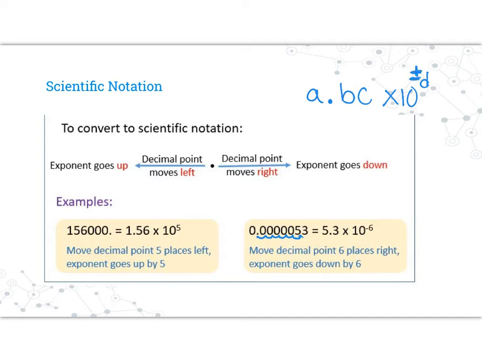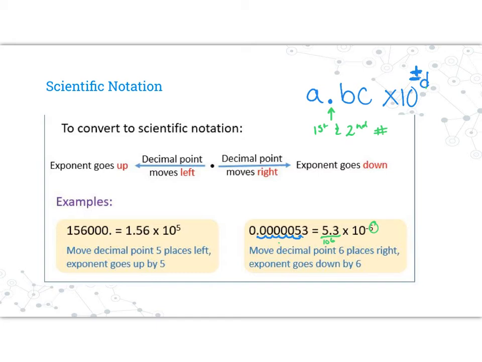And what this is saying is that the decimal place must be between the first and second number. Always. It doesn't matter. So I've moved my decimal place here 6 times so that 6 becomes my exponent. And I get 5.3 times 10 to the negative 6. And that's because I would need to divide this by 10 to the positive 6 to get the correct answer.